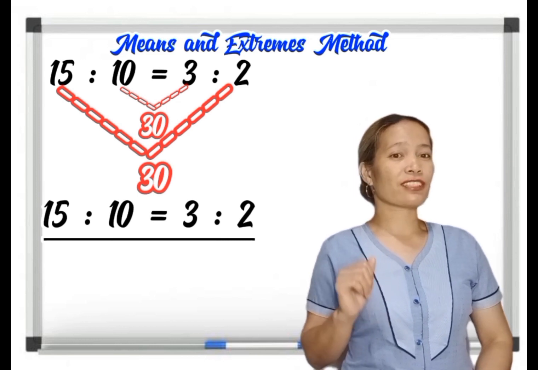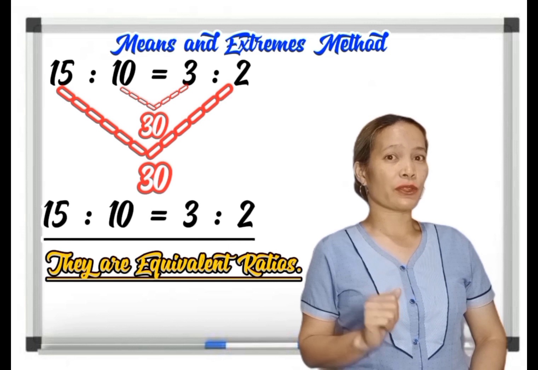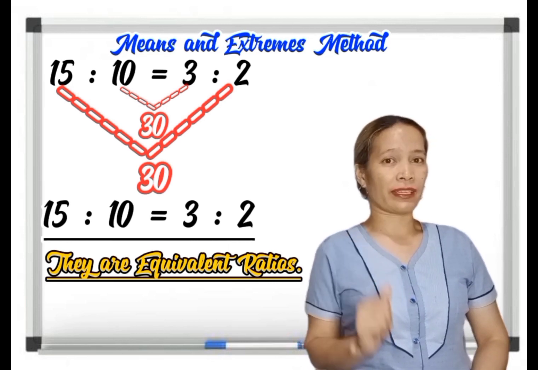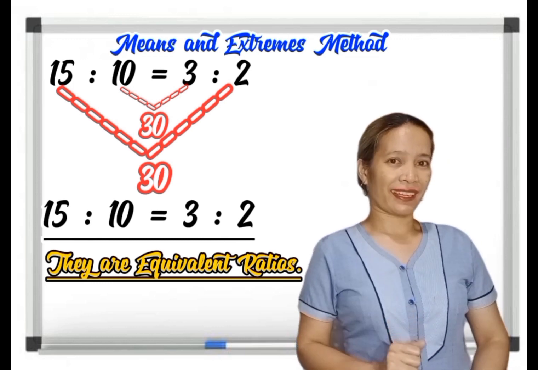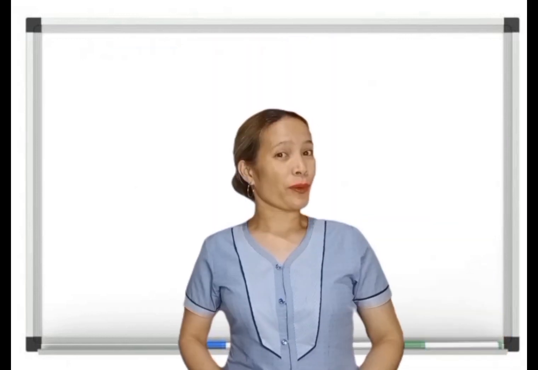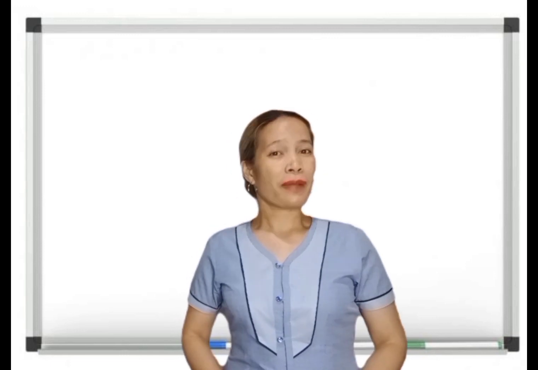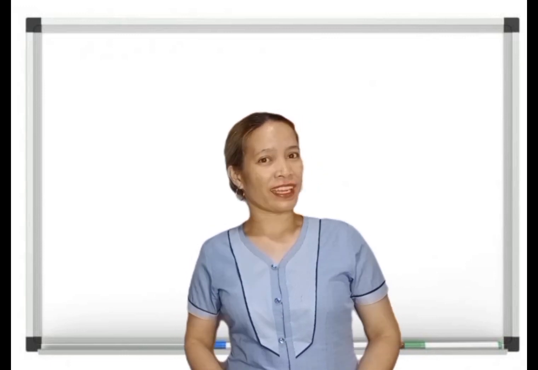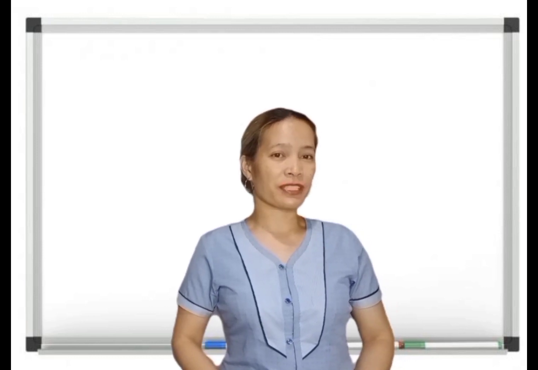Therefore, 15 is to 10 and 3 is to 2 are equivalent ratios because their product are the same. Magkaparehas ang kanilang product. So, yun po ang mga paraan para ma-identify ang mga ratios kung sila ay equivalent ratios using cross-multiplication method and using means and extremes method.